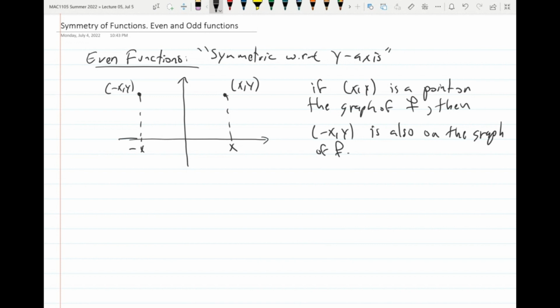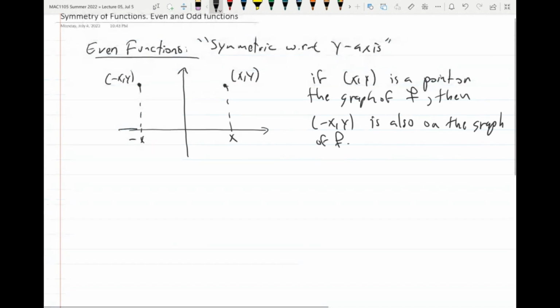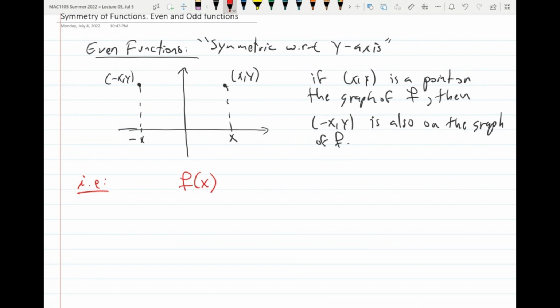Another way of talking about the y value of x is f of x, and the y value of negative x is f of negative x. And we're saying that these two things have to match. So this is what it means to be even.